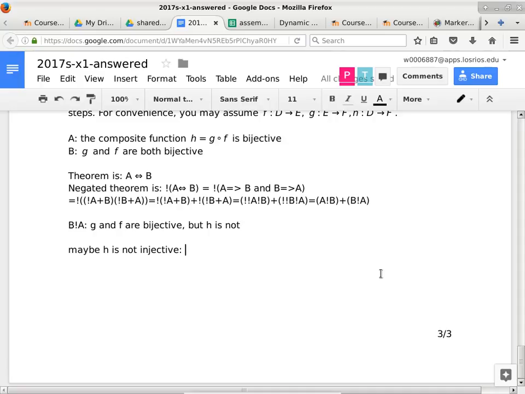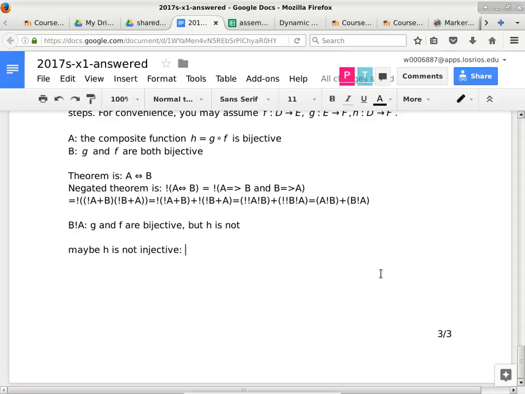But since we know that, now you can use the cardinality. You can combine the two and say that since we know the cardinality of all three sets has to be exactly the same, now that you are assuming that H is not injective, that means one thing in the codomain of H is not mapped. Does that make sense? Okay.